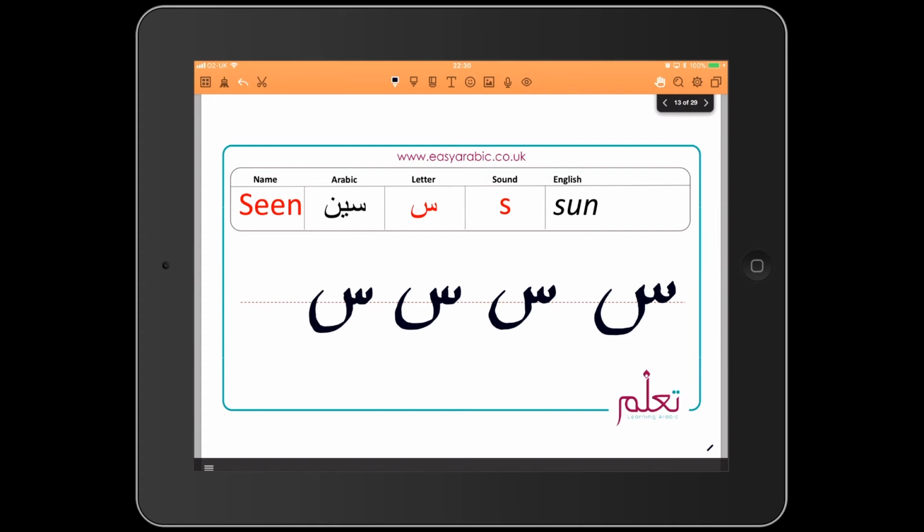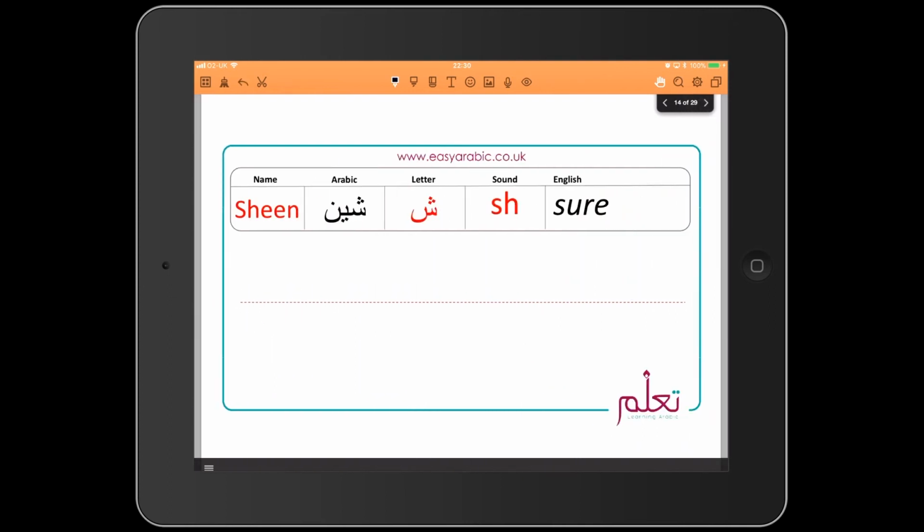Sin. Yeah, the next one is the letter shin. Shin. So again, the shape is exactly the same as the sin, but it has the three nuktas on the top. So we do the W to do the initial letter, and then the tail.